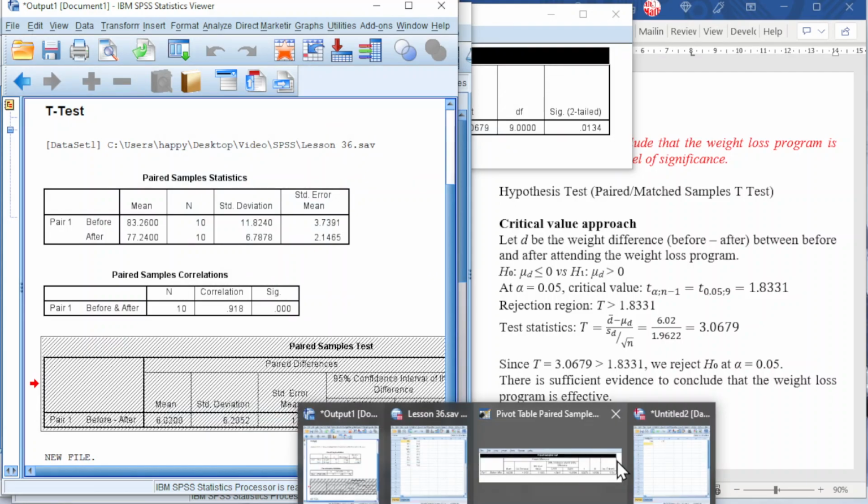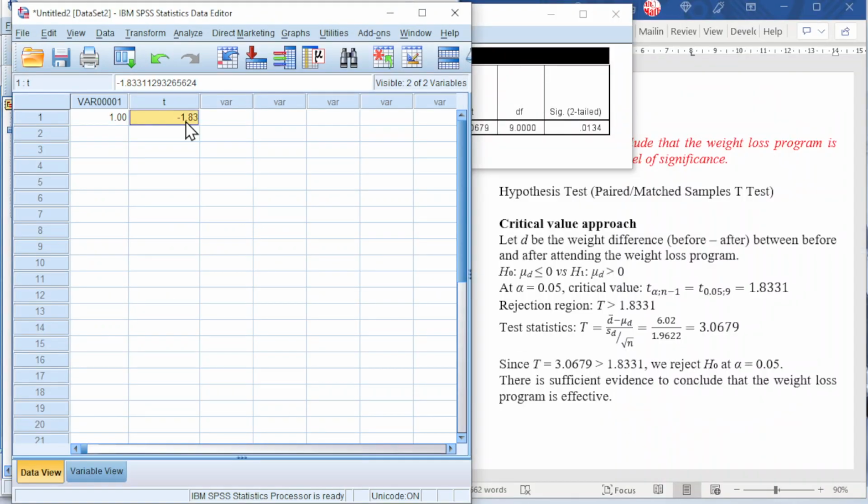We should always bear in mind that we obtain a negative value since SPSS always takes the less-than cumulative probability. However, we should check the test that we conducted. Since this is a right tail test, we should take the positive of this value, so we take 1.8331 instead of the negative. And the rejection region should follow the test that we conducted, which is right tail.